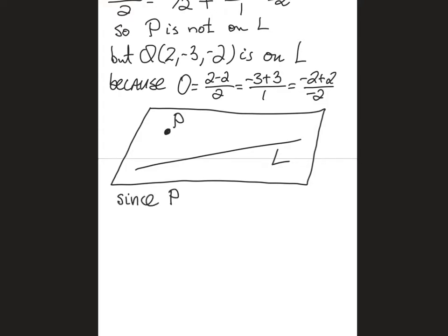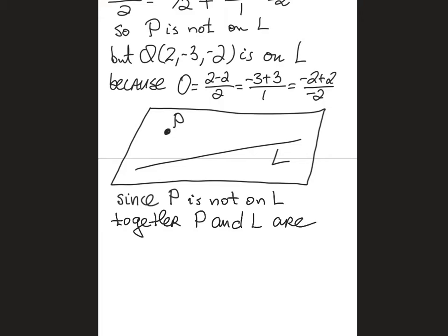So since P does not lie on line L, P and L together will determine a unique plane, and the equation of this plane is what we're after. There's only one plane that will contain line L and point P.